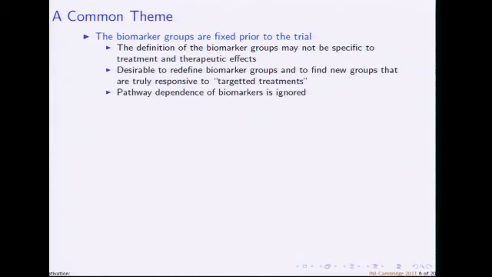Because we all know science is imperfect, so we are always learning. Those definitions of biomarker groups are based on the current knowledge, and as some of the analysis from BATTLE trials revealed, in certain cases, the groups that you think would respond differentially to treatments, they don't.